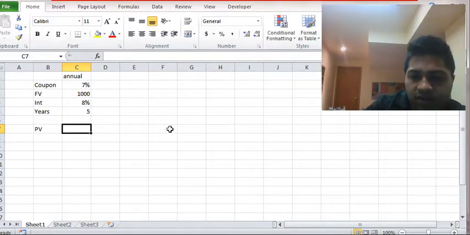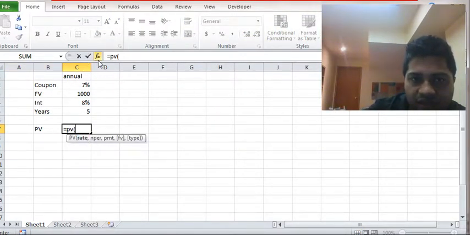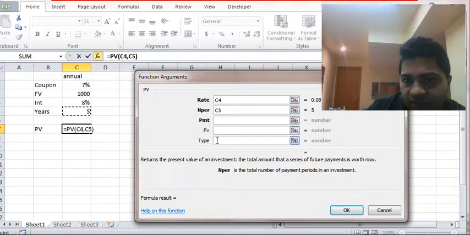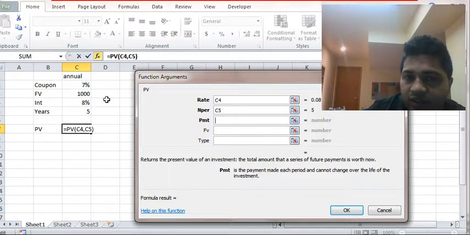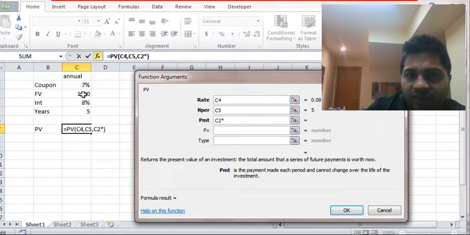The price of this bond is always the present value. So you need to calculate present value. Rate is the interest rate in the market, 8%. Period of the bond is 5 years. Signs are important now. Payment is how much yearly you get from this bond, so coupon rate multiplied by face value.